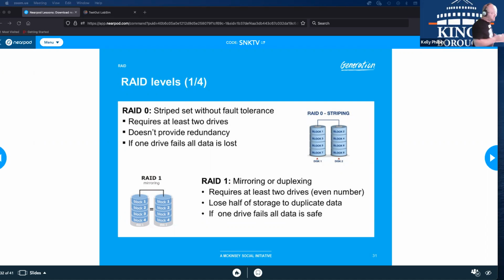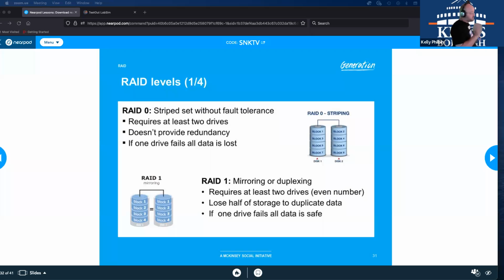The problem with it is it does not provide any redundancy. So there's no copy, no backup. So if a single drive in your RAID array fails, you lose everything. So you have 3 drives, single drive fails, you lose everything.